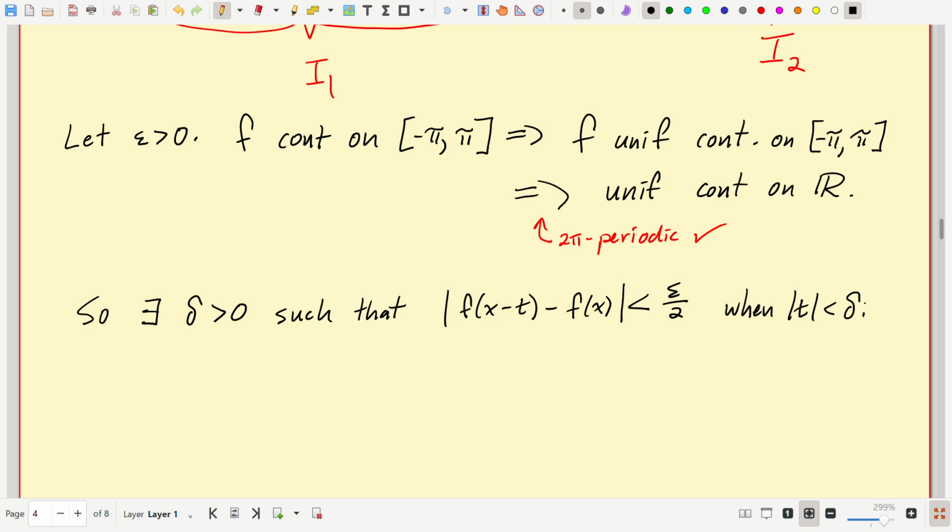And that's independent of the x. So that's important. Independent, because that's the uniform continuity. Independent of the x.